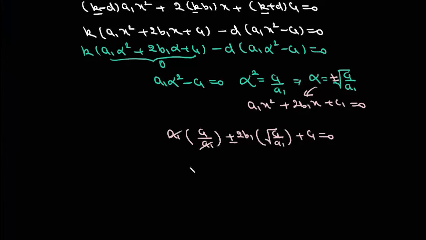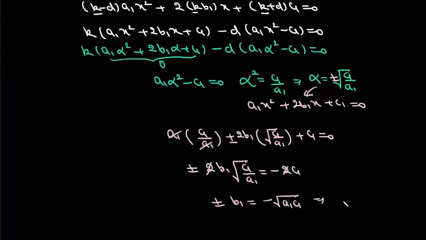So from here we can write plus minus 2b1 under root c1 upon a1 will be equal to minus 2c1. Now this 2 and 2 will cancel, so you get plus minus b1 equals minus under root of a1 c1, or simply we can write b1 square equals a1 into c1, which means a1, b1, c1 are in GP, which is what we need to prove in this question.